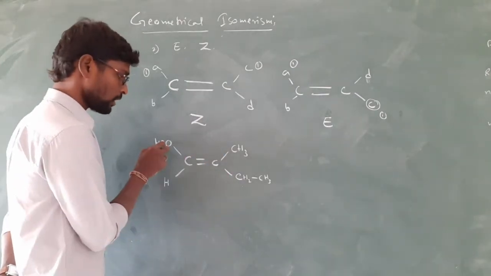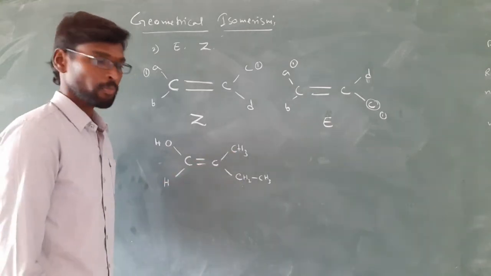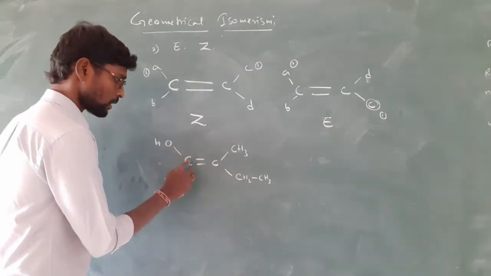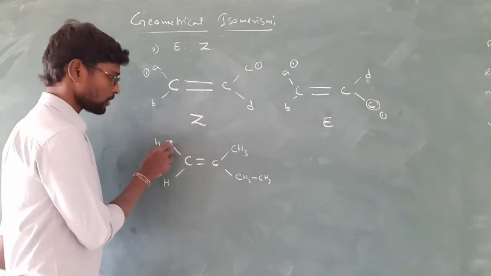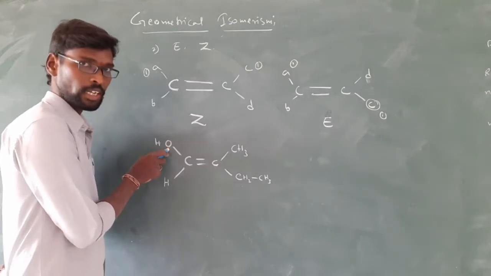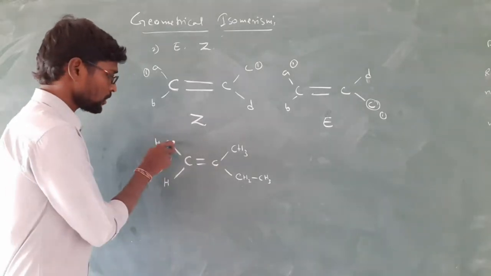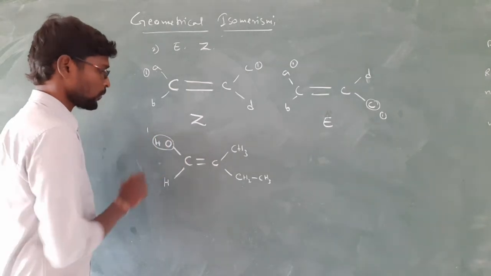Now give the priority order for this group and this group, and this group to this group. On this carbon you have directly oxygen, and here you have hydrogen. Oxygen has a higher atomic number, and higher atomic mass, than hydrogen. So this group will get priority 1.